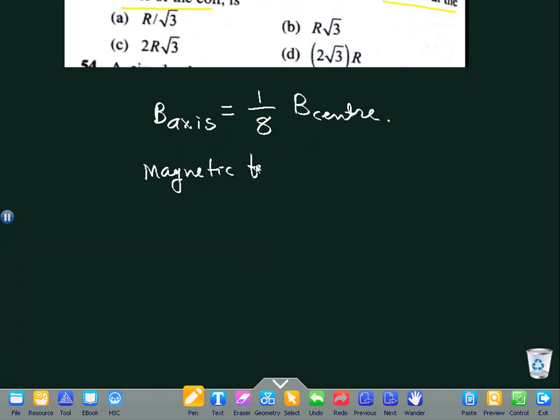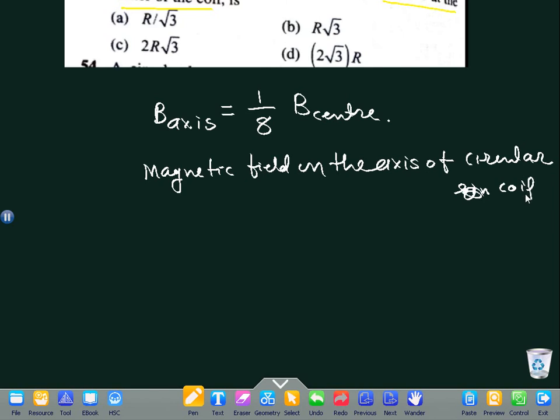Magnetic field on the axis of a circular coil. So it is B axis and it is given by mu naught upon 4 pi, okay.